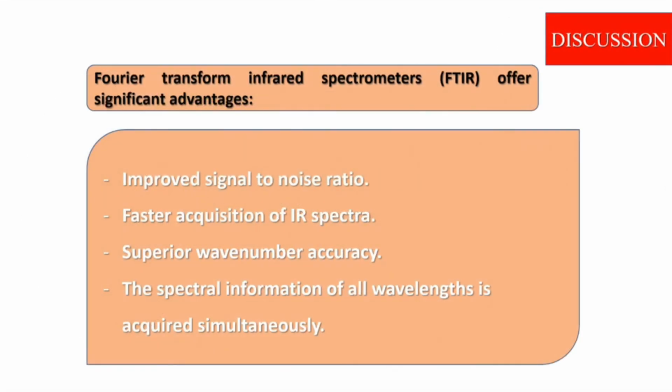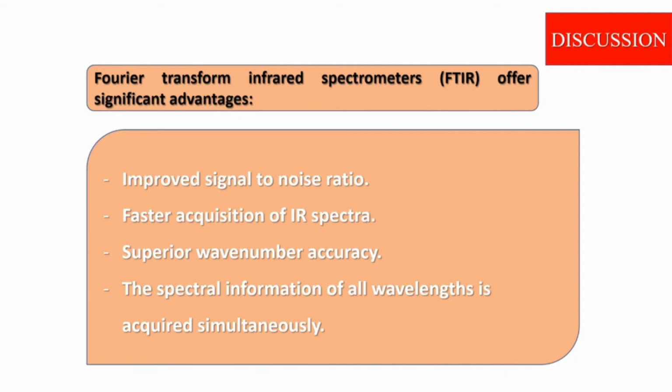For the discussion, Fourier transform infrared spectrometers, FTIR, offer significant advantages. The advantages offered by the FTIR are improved signal to noise ratio. Next, faster acquisition of IR spectra. Next, superior wave number accuracy.